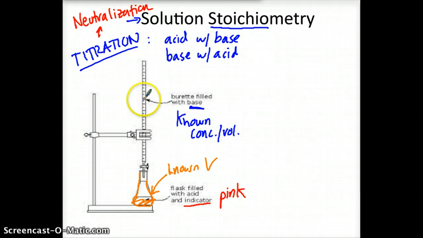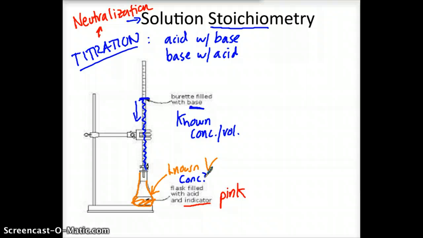We know both of these because we can measure what the volume is initially, and we can measure how much we use up as it's added. We know the concentration of it, and then with a little bit of stoichiometry, we can figure out the concentration of this acid. That's the goal. We're trying to figure out the concentration of whatever's in this flask. Again, it can be an acid or a base.